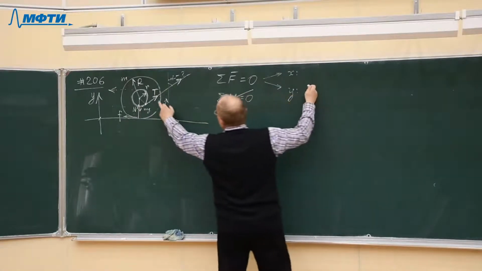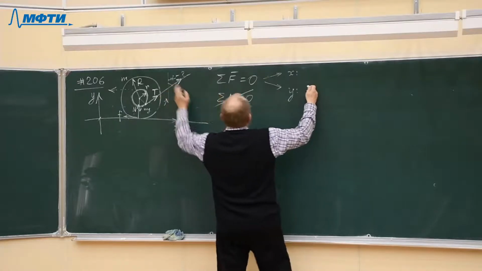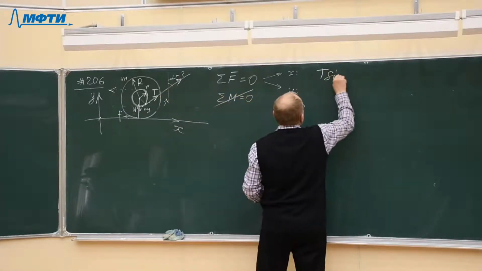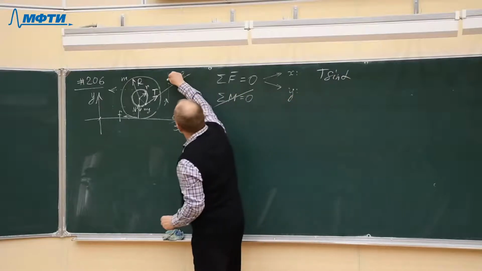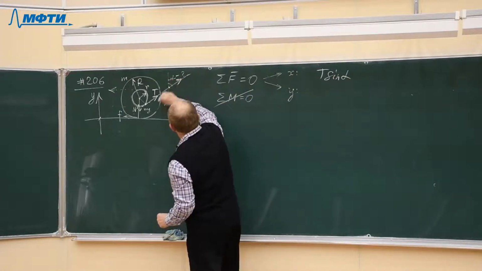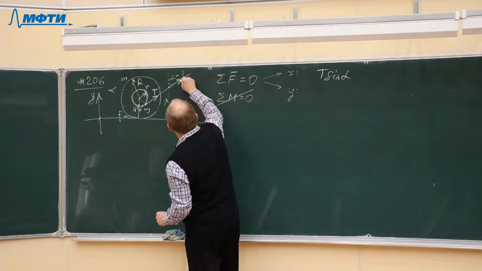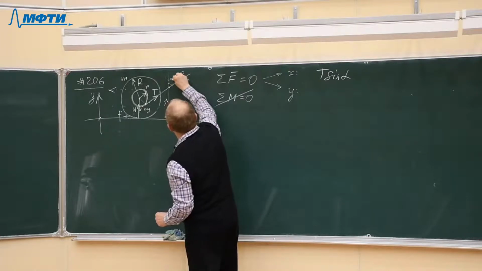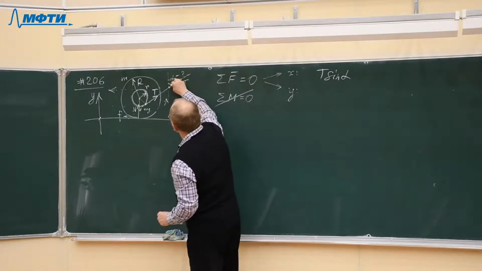So T times sine alpha, that will be the horizontal component of this force. So I just draw it separately. Here is the force T, and here is its horizontal component, and this is angle alpha.